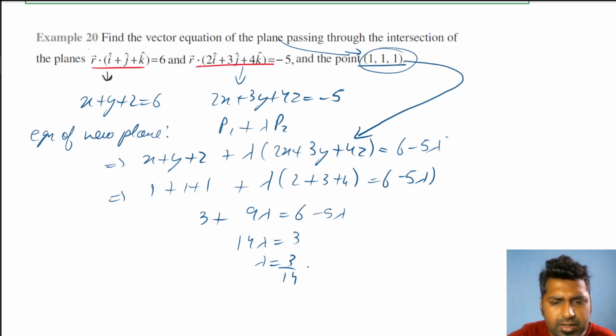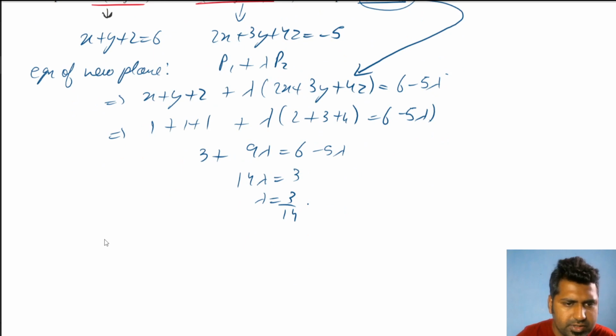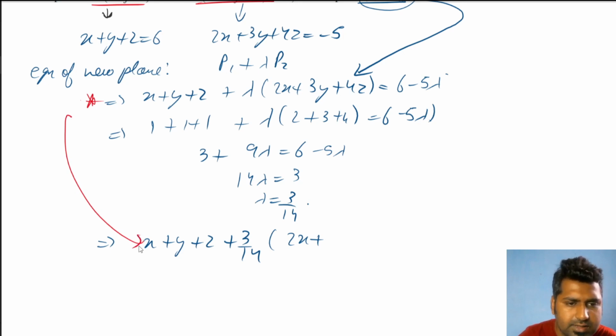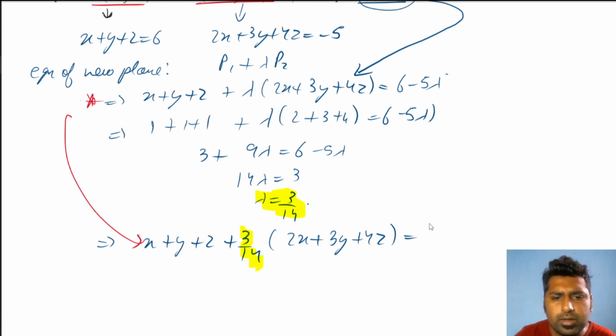Now that we have the value of lambda, you put it in the equation. So what is the equation? This was the new equation, so I'm rewriting it with the lambda value. x plus y plus z plus lambda, which is 3 by 14, times 2x plus 3y plus 4z is equal to 6 minus 5 into 3 by 14.